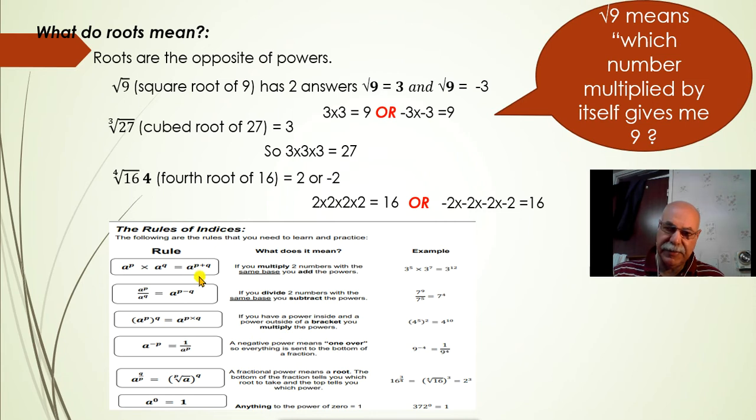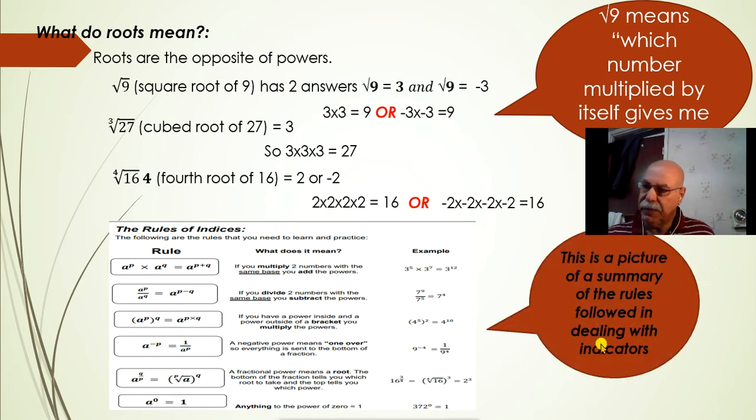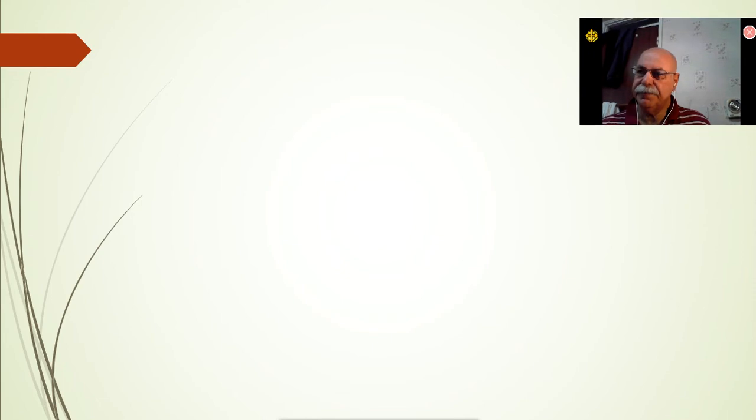This is the rule of the index: the first rule, the second rule, the third rule, the fourth rule, the fifth rule, the sixth rule. These 6 rules are used to solve any question in the index or power. Now we start the examples, to clarify what we have understood about index and power.